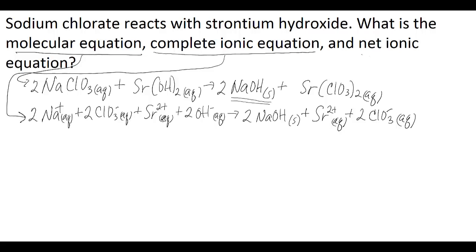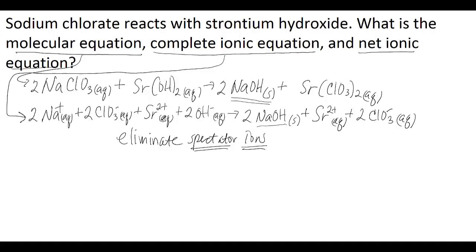Now, to get from there to the net ionic equation, you want to eliminate the spectator ions. So spectator ions are just what they sound like. They're spectators. And what's meant by that is that they're not actually participating in the precipitation reaction that's actually happening here.